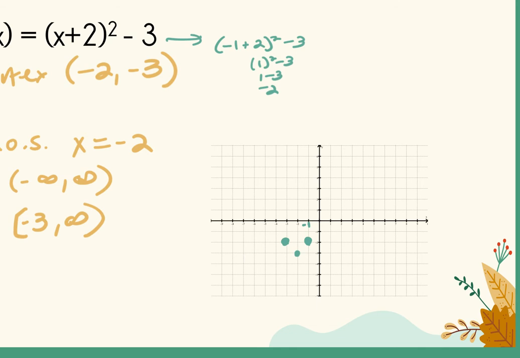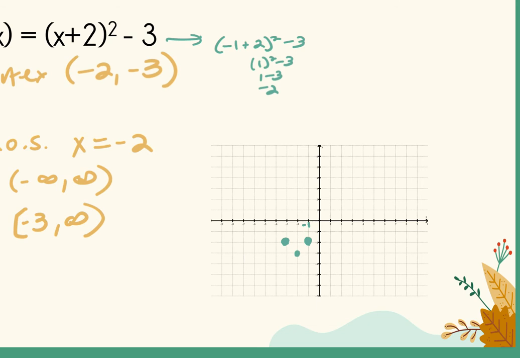You don't have to plug it in if you know how to do the reflection, but at minimum you need 3 points. You could plug in anything except your vertex because you'd get a duplicate point. Literally you could plug in 0 and see where it crosses through.